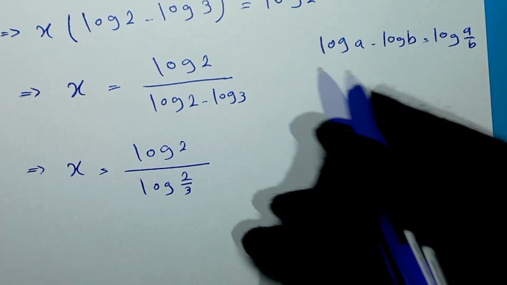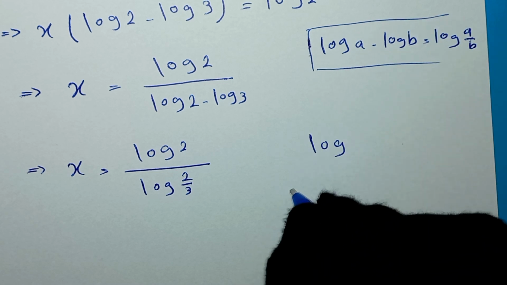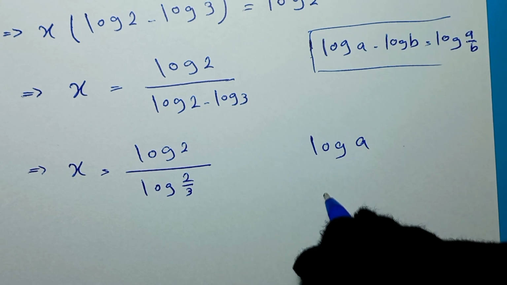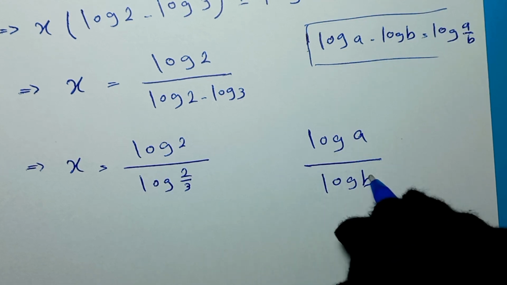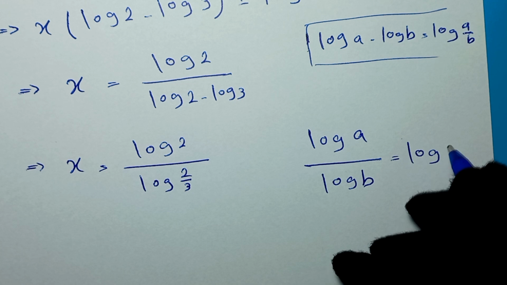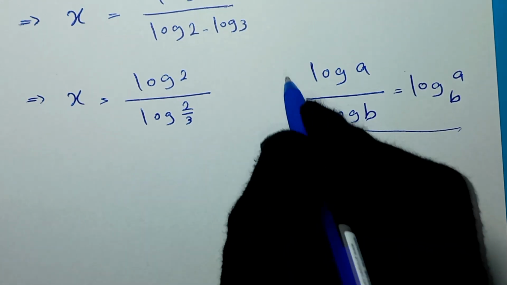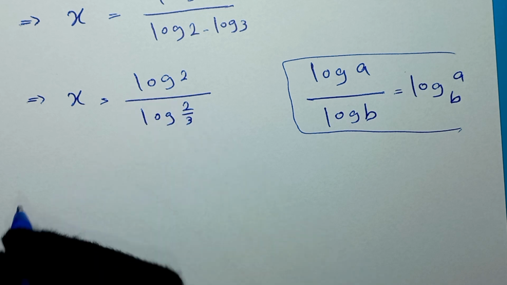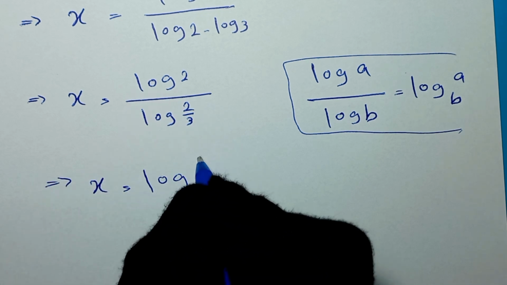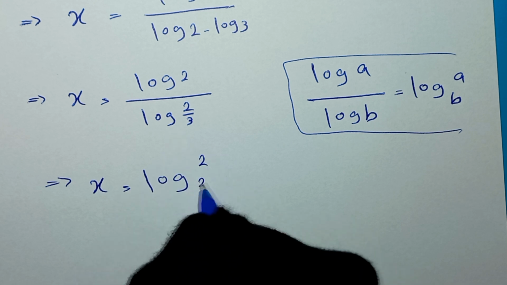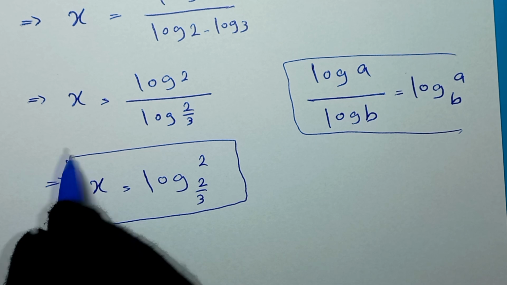And from log rule, if we have log of a over log of b, we can write this as log of a to the base b. So in here we can write this as x is equal to log of 2 to the base 2 over 3. And this is our final answer for x.